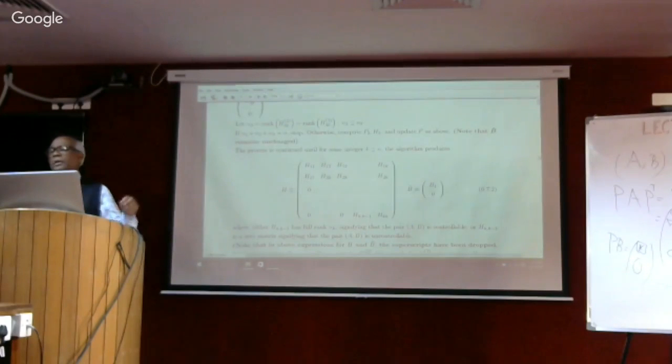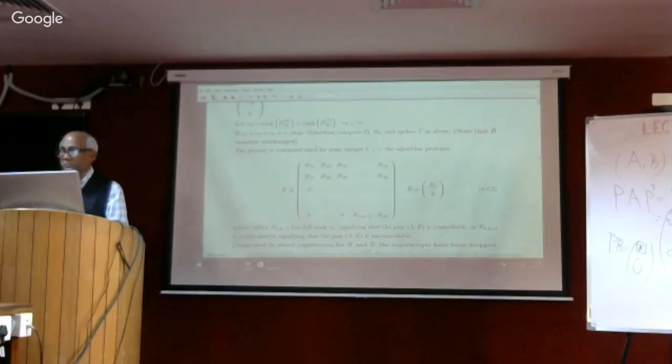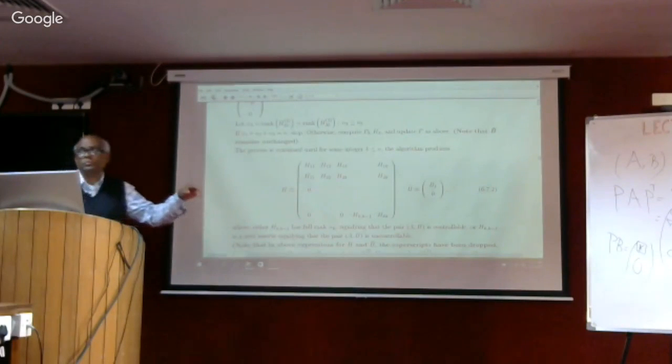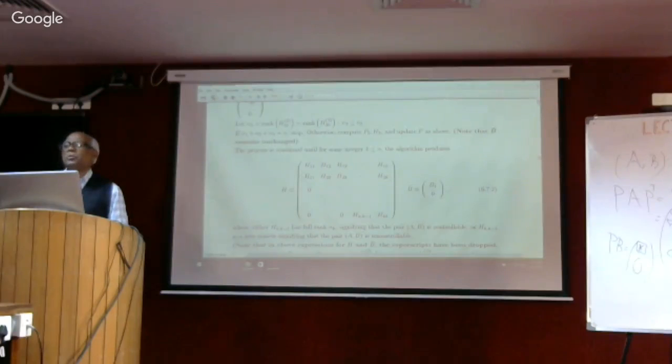If any of the sub-diagonal blocks happens to be a zero matrix, then it immediately signifies the system is uncontrollable. On the other hand, if all the sub-diagonal blocks are full rank, then the system is controllable. This can be proven. And the algorithm to construct the orthogonal matrix P is numerically stable.